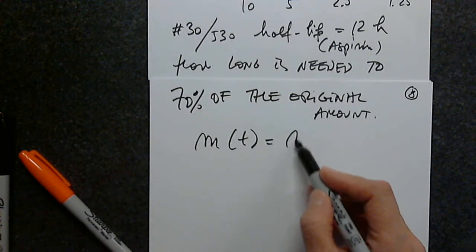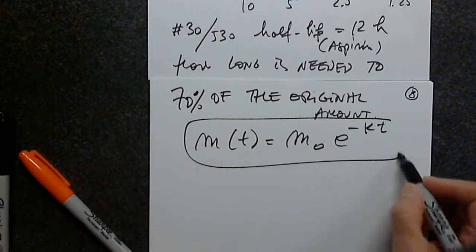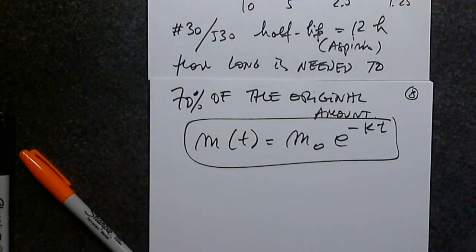Mass at time t equals the initial mass times e to negative kt. Of course, m is the function, t is the independent variable, and we do have two unknowns here. One unknown is, I don't know how much I took, and the other unknown is the decay rate.